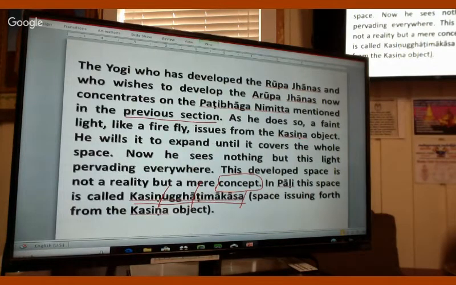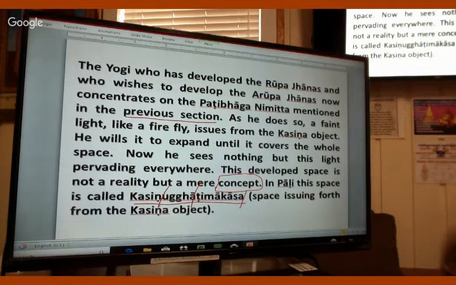Three words. Kasina is the meditation object, the earth kasina or water kasina or the lighting kasina, so the four kinds of kasina: Pathavikasina, Apokasina, Vayokasina, Tejokasina, like this. So Ugghata meaning is removed. Removed here is not like something physical. If you put the head, you remove your head, not like this.